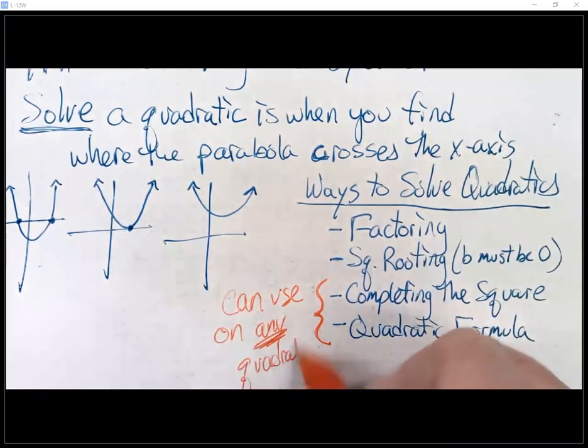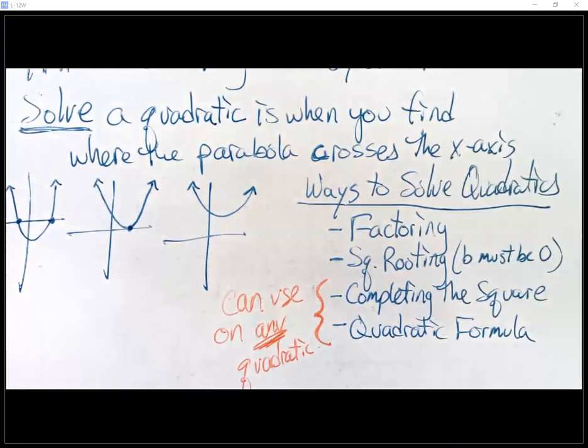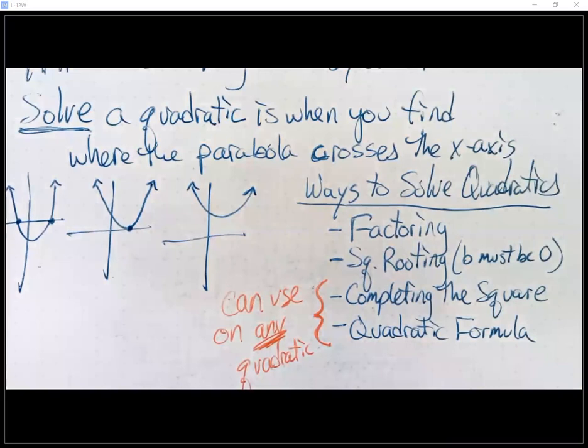Factoring, as you know, some quadratics don't factor. If they don't factor, that doesn't mean that there's no answer. It just means that it's not going to be integers; you're going to end up with some irrational answer usually. So we can't just factor, because that wouldn't get me the answers to all the problems. And you can't always solve by square rooting, because that's only certain cases where B has to be 0. B obviously is not always 0. So the last two you can use on any.